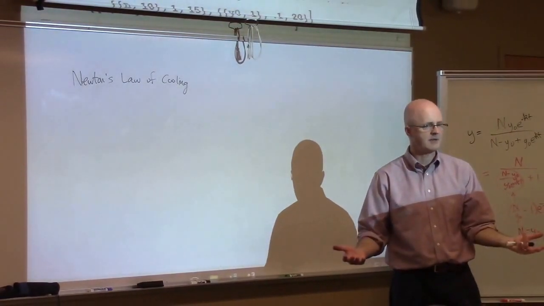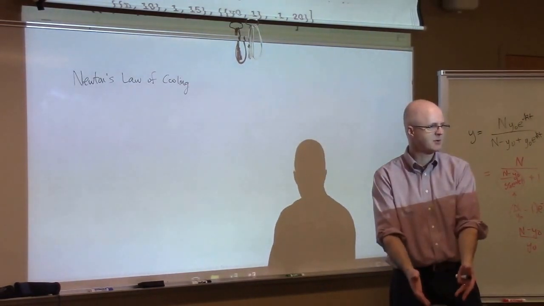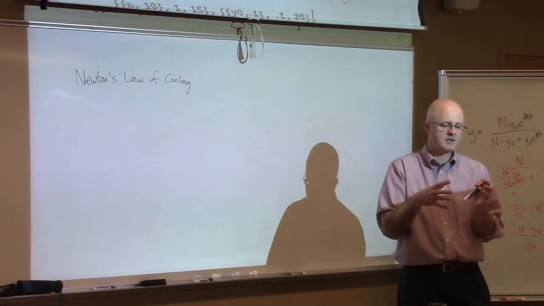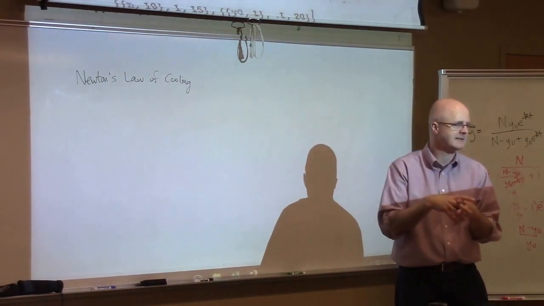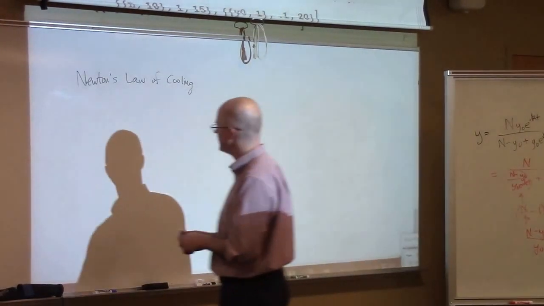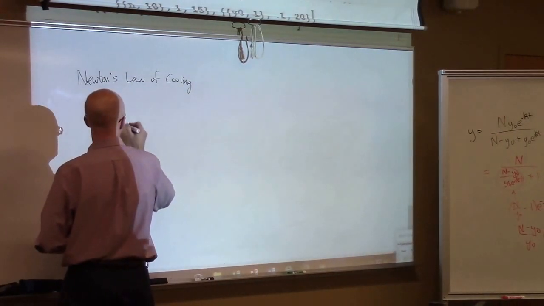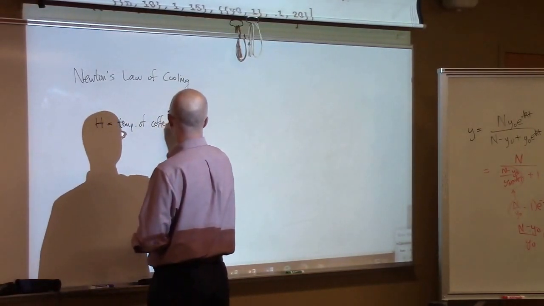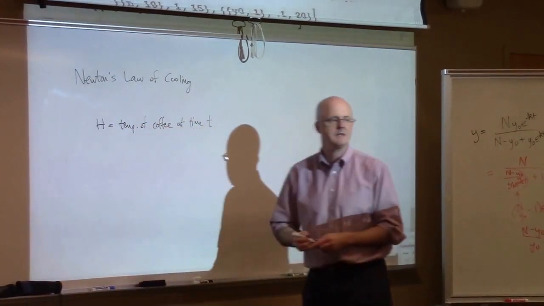What's the temperature of the coffee as a function of time? We make the assumption that it stays uniform. When it's cooling, the parts of the coffee closer to the air probably cool faster than the inside, but we ignore that complication and see how well this model does. You could let H be the temperature of the coffee at time t. So H is going to be a function of t.